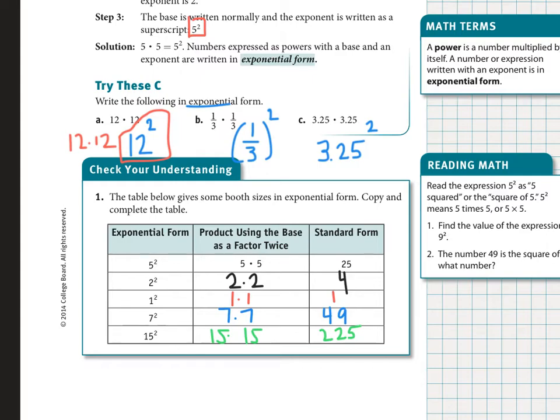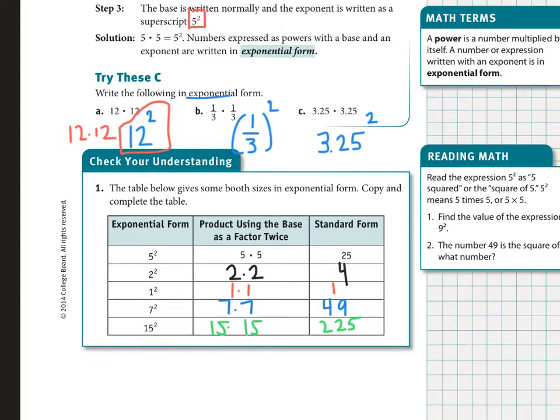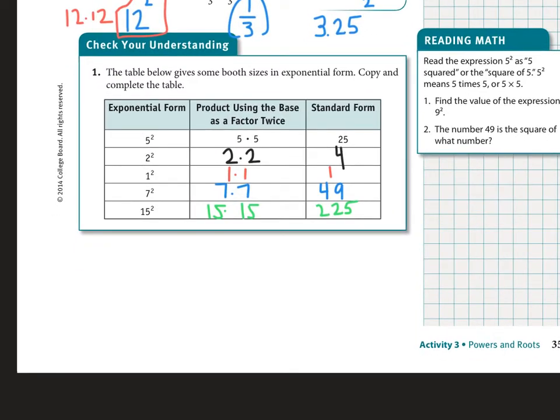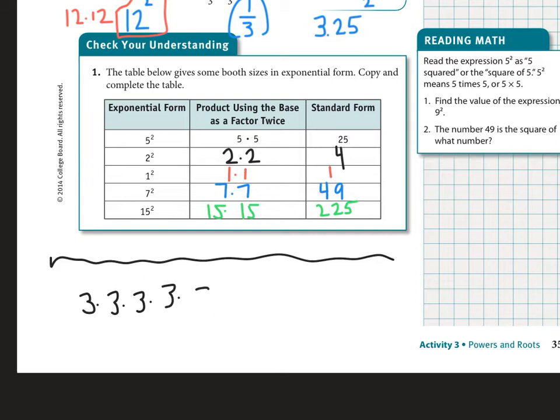And the cool thing is, it can really save you some work. Just as a side note here, this section's all about having the exponent be 2. But if you had something like 3 times 3 times 3 times 3 times 3 times 3, you can make the exponent as big as you want. How many do we have there? 1, 2, 3, 4, 5, 6.